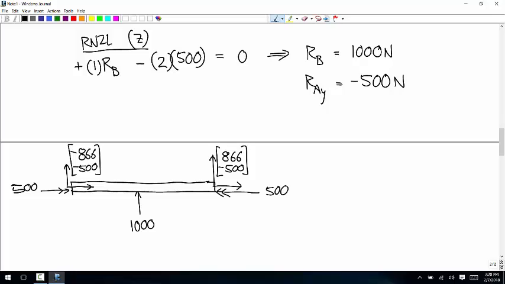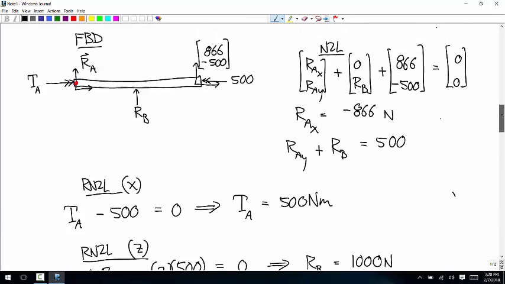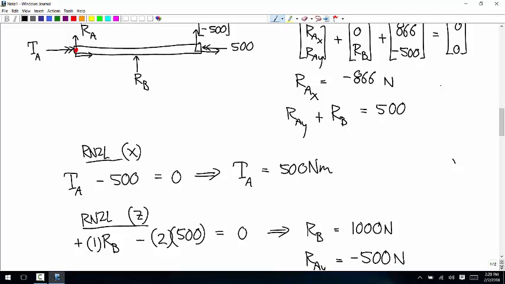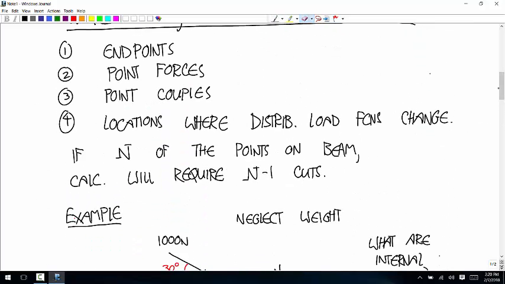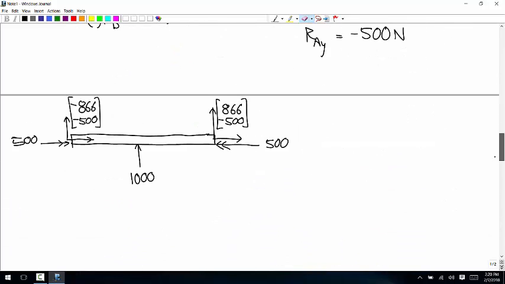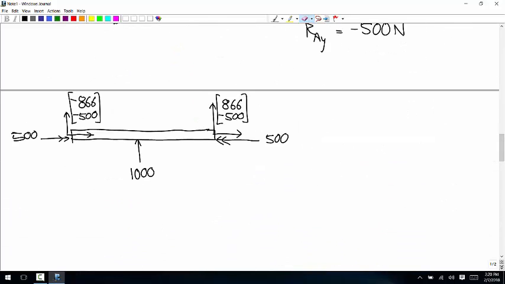So now we need to look through and find out where the points are that are in that list of places where the subfunctions change. So we want to identify the endpoints, locations of point forces, point couples, and we don't have any distributed loads. Okay, so endpoints, there and there.